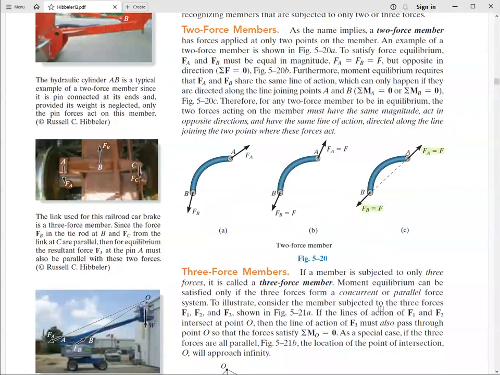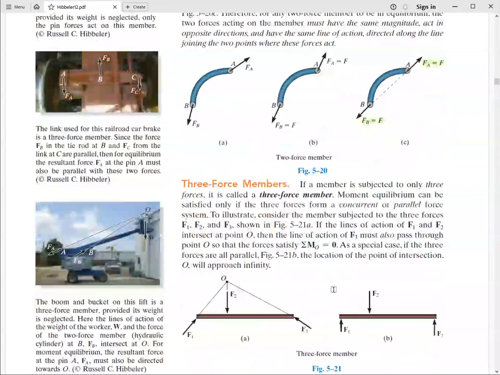And then there are three force members, where we have three forces acting, and for equilibrium, they need to be concurrent, so extending their lines of action, they need to intersect at the same point.